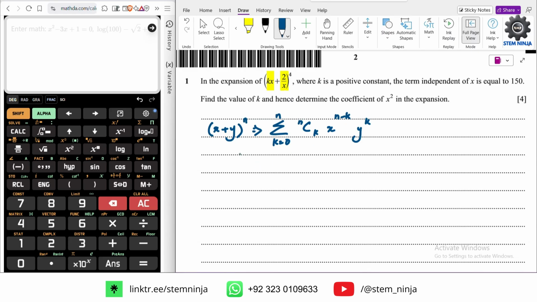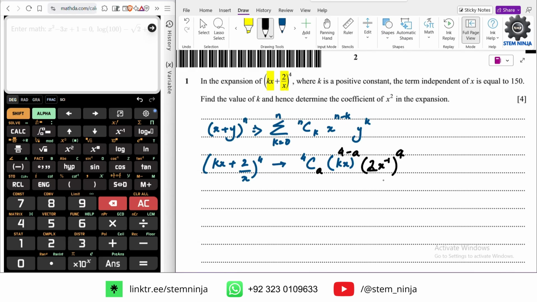So let's form an equation independent of x. The general form of the term of (kx + 2/x) to the power 4 would be 4Ca, kx raised to power 4 minus a, and the other one is 2 over x, so 2x raised to power minus 1, raised to a.